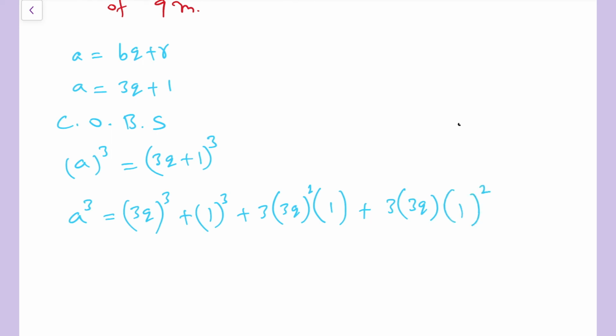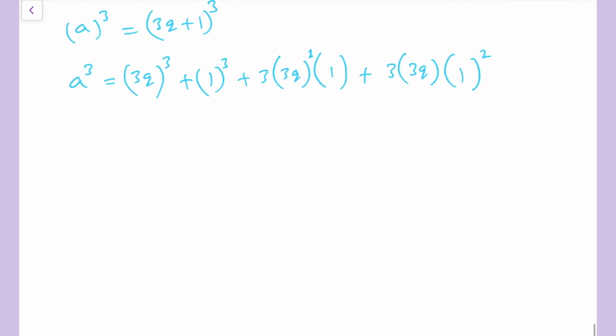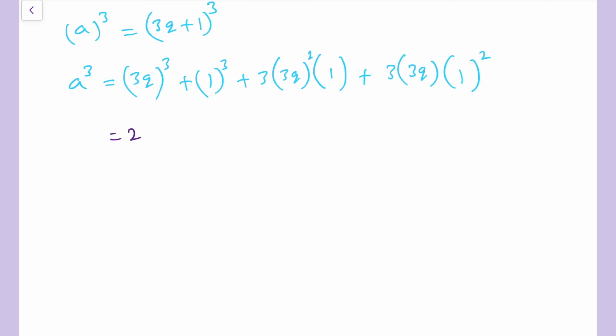That's it. Now let us simplify this further. 3q whole cube, 3 cube 27, so 27q cube plus 1 cube 1 plus 3 as it is. Here 3q square is there, right? So let us simplify that first.